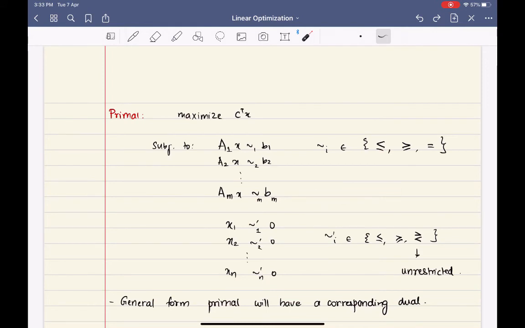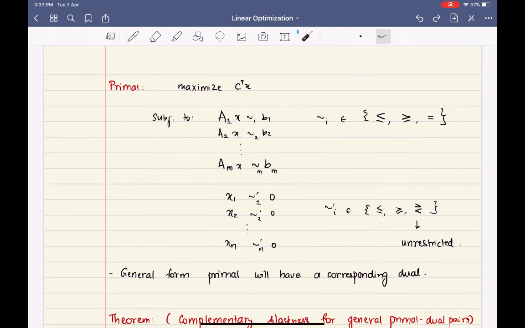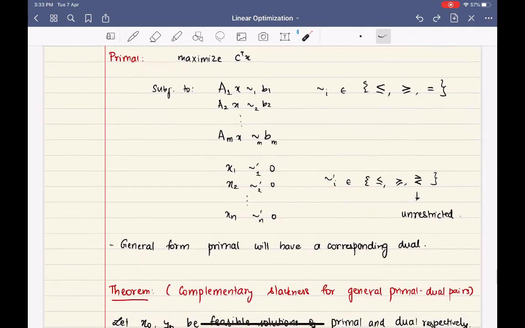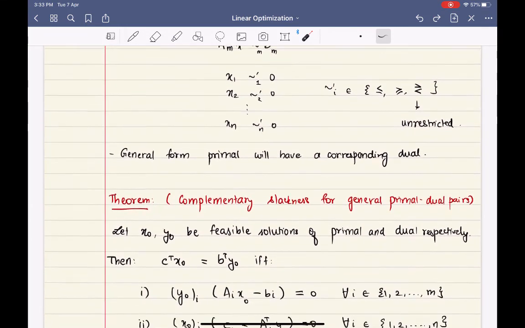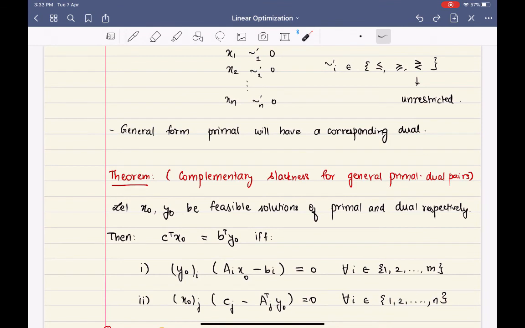Now for a generic primal dual pair, we have a complementary slackness condition. The dual constraints will correspond to the operators here, and the y-wise comparison will correspond to the operators here. Now here is the general theorem. Let x0 and y0 be feasible solutions of primal and dual respectively.